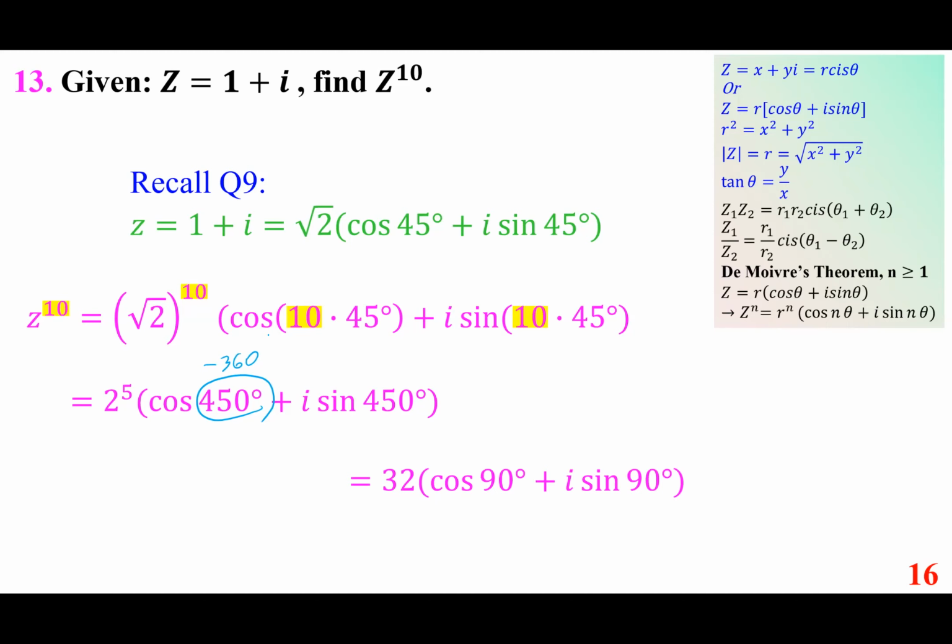As you know, cosine of 90 is 0, sine of 90 is 1, and we are done with 32i. So in essence, we raise this to the power of 10 in 30 seconds using De Moivre's theorem. Pretty fast.